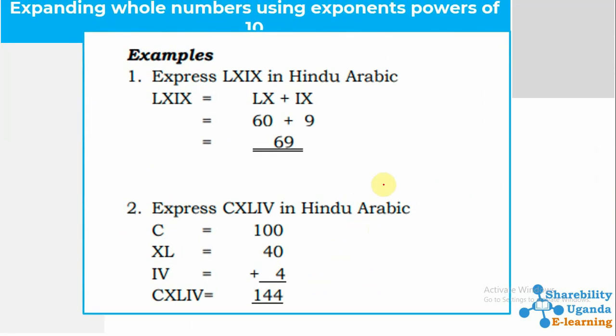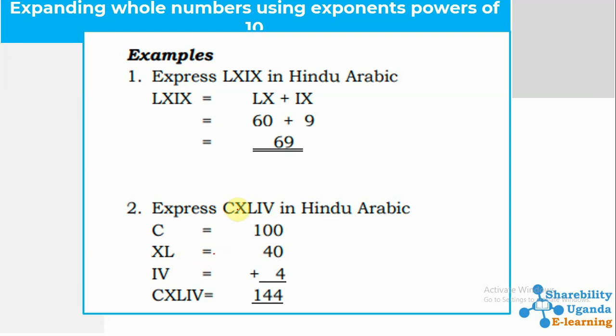Also, when it comes to other examples, they give you the number in Roman numerals. So we have our XL, then our IX, which is 9. This simply means you have to look critically and see. Also we have our C, which is 100, we have our XL, which is 40, then our IV, which is 4.